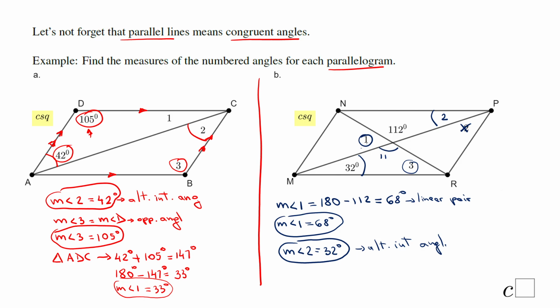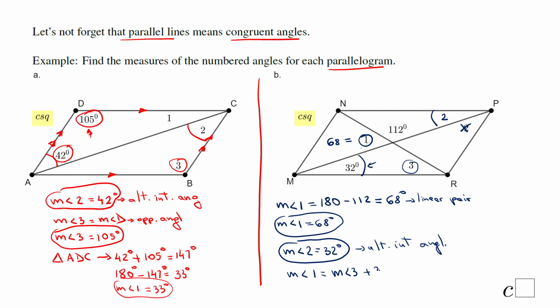or in fact we can do even easier for this one. Angle 1, which is 68. What is this angle 1? This angle 1 is an exterior angle, so that means the measure of angle 1 is equal to the sum of the measure of angle 3 and the other remote interior angle, which is 32.